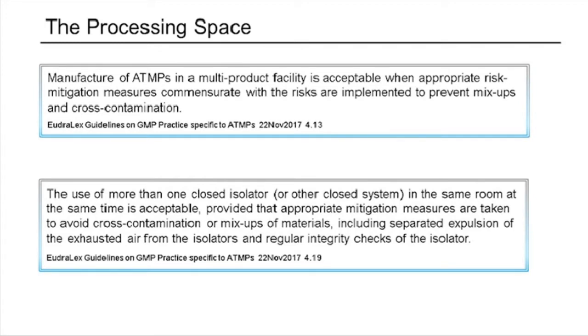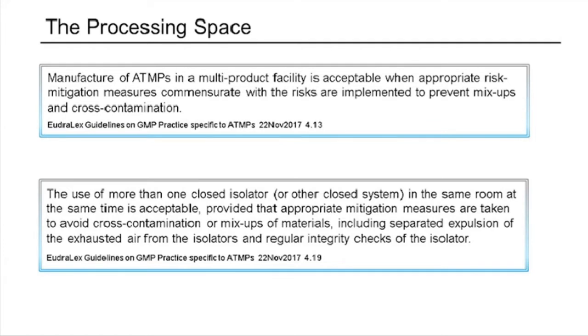And so when I say product lines, if we're talking allogeneic, this might be 2 or 3 different cell line offerings. If we're talking autologous, these would be separate patient streams. So manufacture of advanced therapy medicinal products in a multi-product facility is acceptable when appropriate risk mitigation measures commensurate with the risks are implemented to prevent mix-ups and cross-contamination.